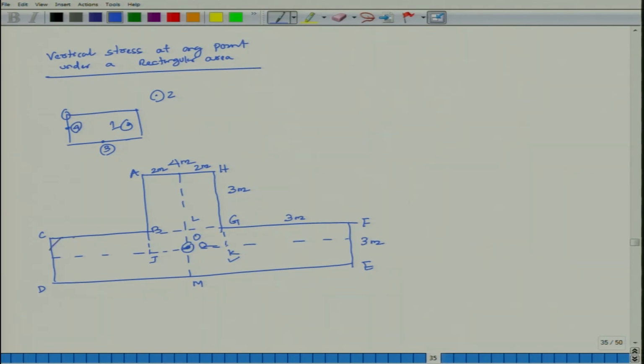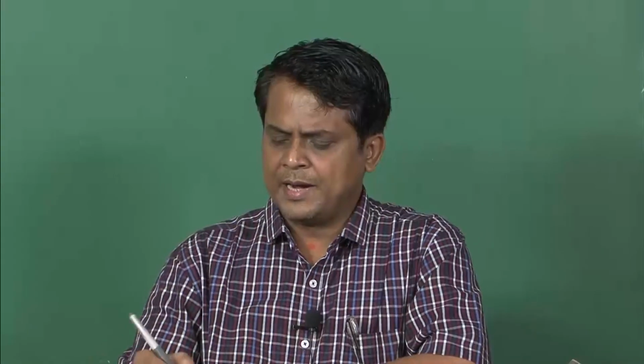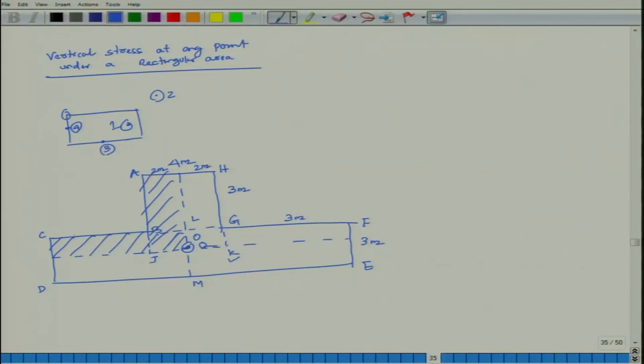Particularly for this rectangular area, if you look here, this is an overlap. If I take a small rectangular area and this rectangular area completely, this is common, so it has to be deducted. My basic philosophy is I bring the rectangular loaded area back so that I am getting this point everywhere else at the corner of the rectangular loaded area.